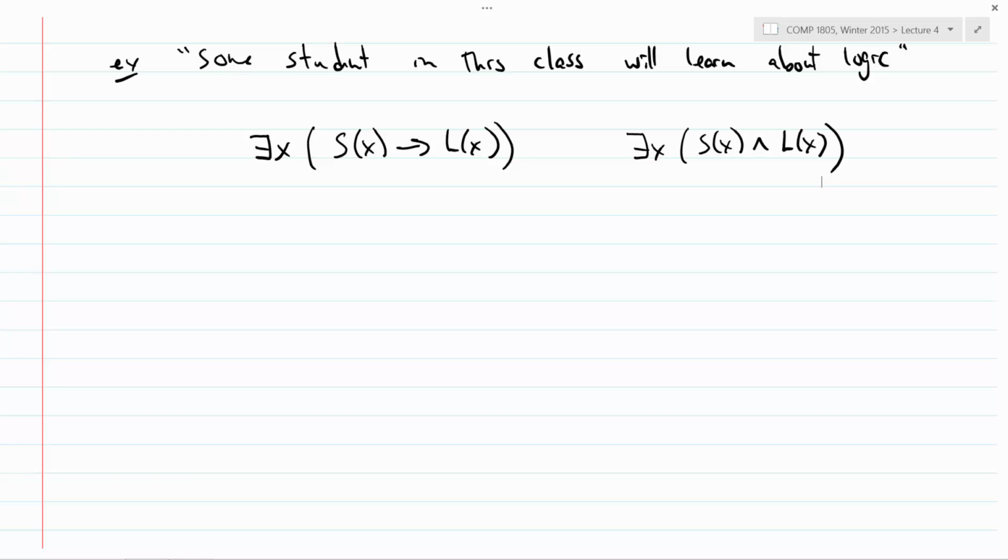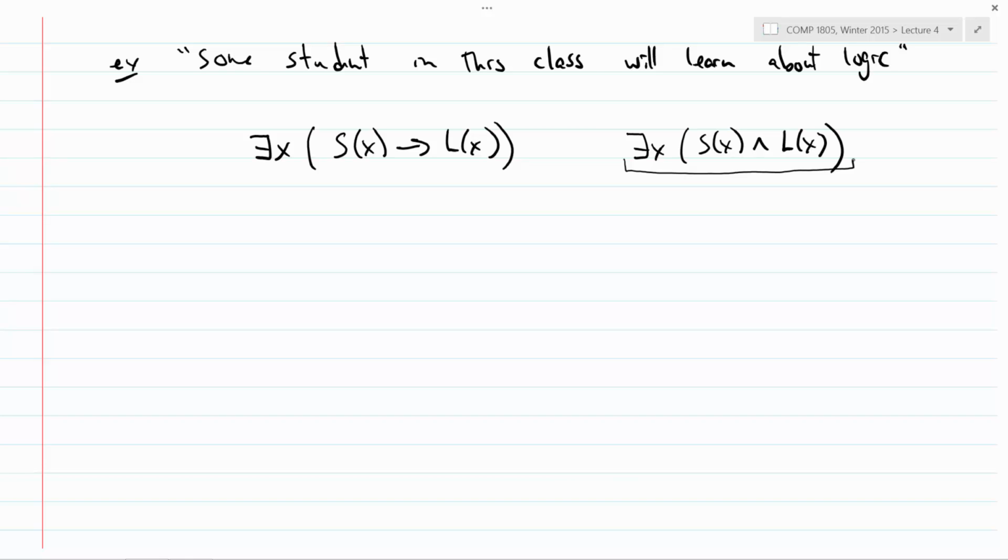All right. So that leads you more towards this. If you go to the sentence on the left, the implication version, are you guaranteed to be able to find such an X such that that's true in this classroom? Well, no, for the exact reason you said. What if nobody in this classroom learned logic, but there's at least one person in the world who's not a student in this class?